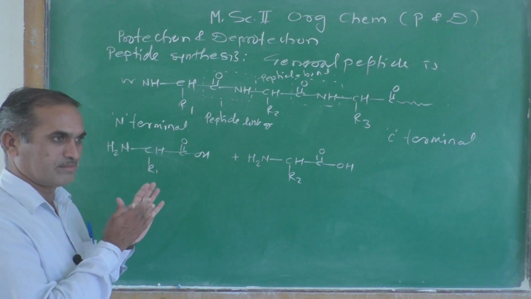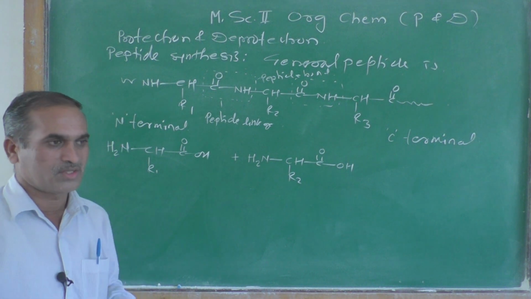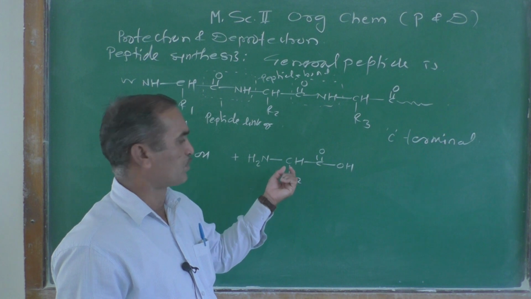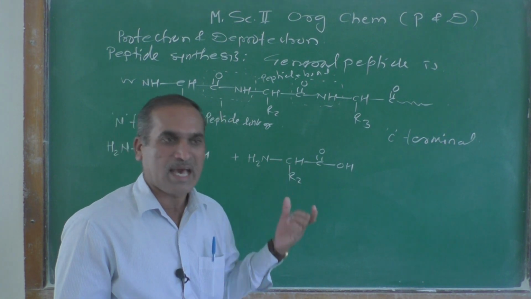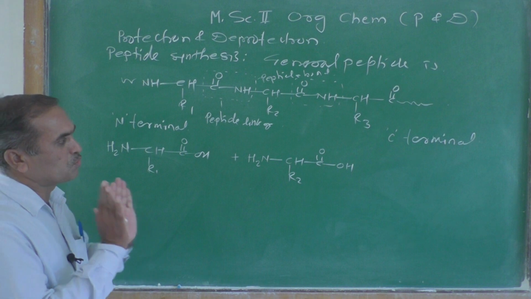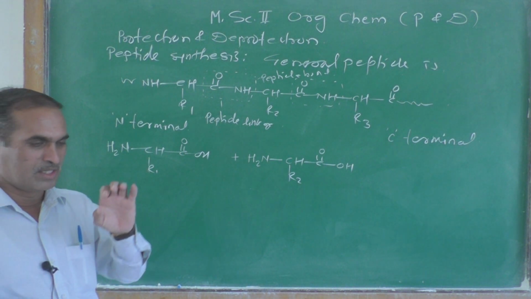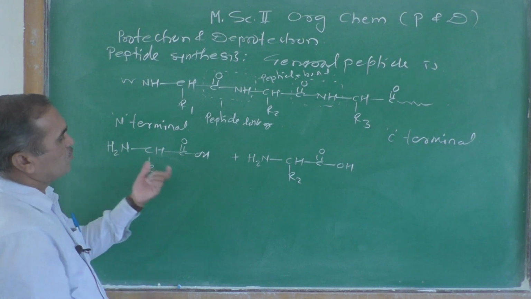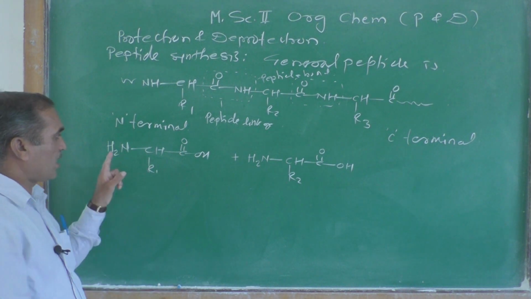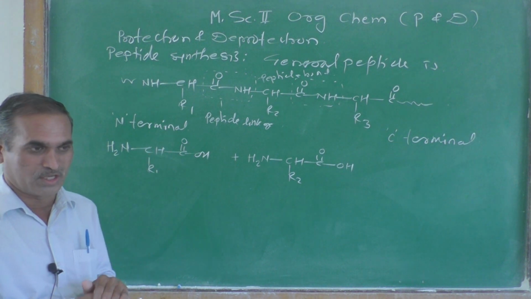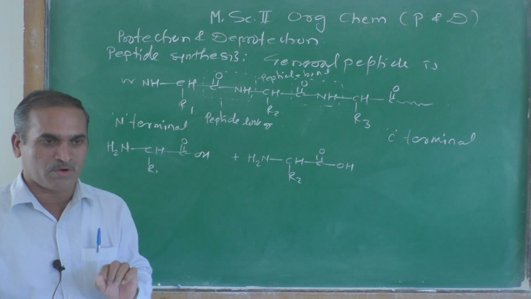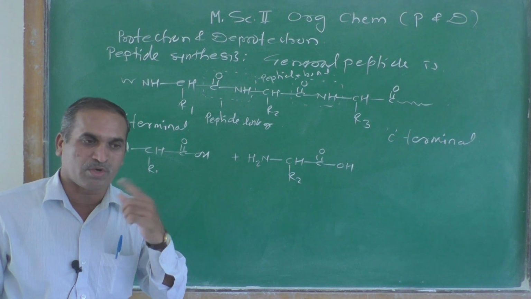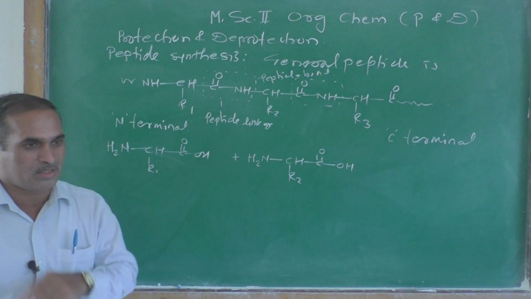If R1 is H, you will get glycine. If you substitute R as a methyl group, you will get alanine. When these two combine, there are reactive functional groups, a carboxylic group and an amino group. Which one is more reactive?